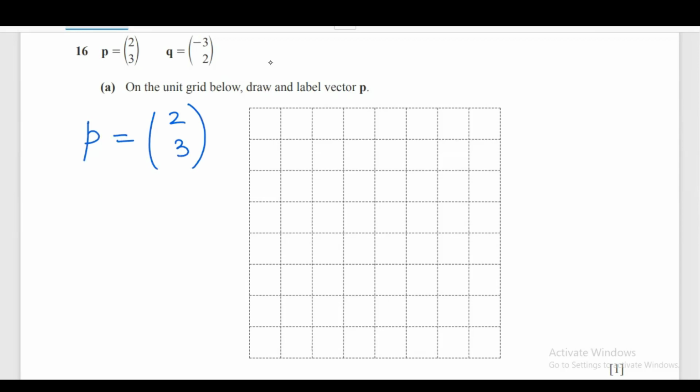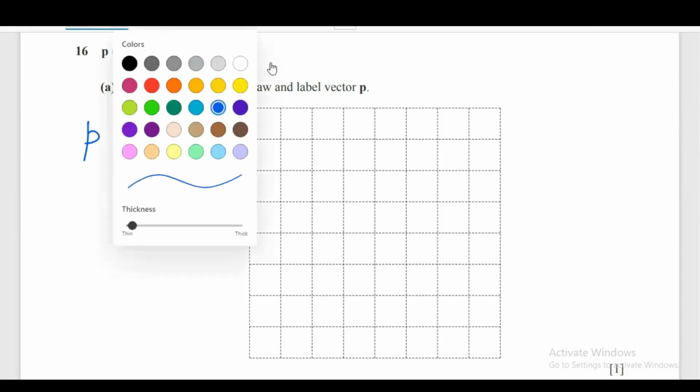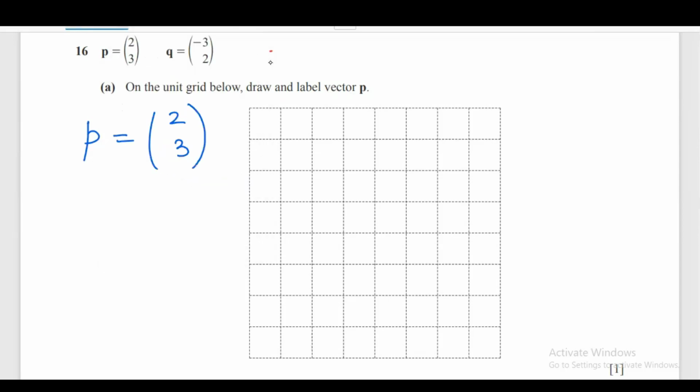And what does it represent? The 2 is positive 2. 2 represents x units towards the right side, and 3 represents y units upward.